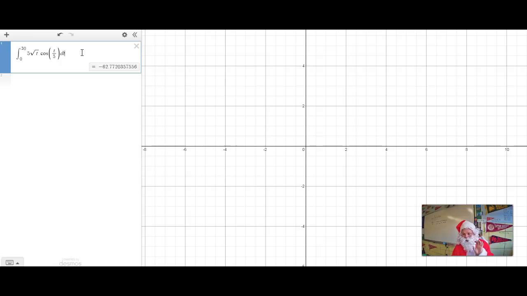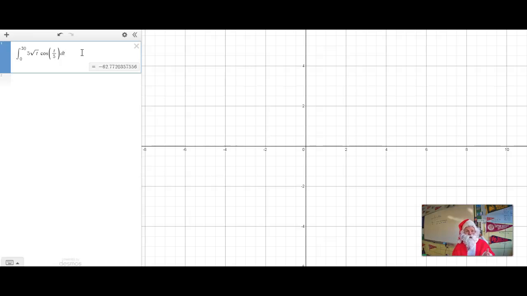Okay, so now you need to think about what that number means. That means that over the 30-day period, we lost 62 stink bugs in the house, or 62.7 stink bugs in the house.